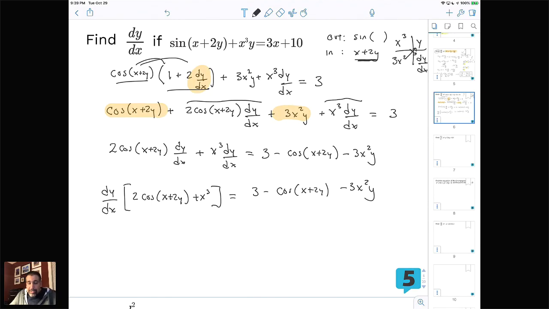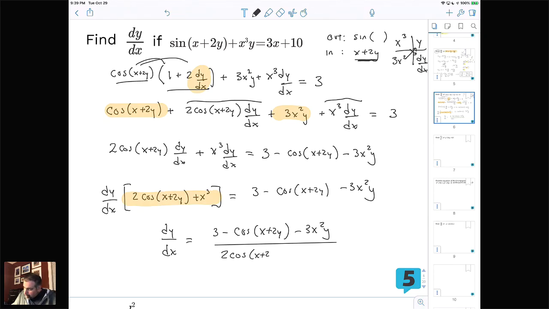The job here, the directions again, find dy over dx, get dy over dx by itself. So all we've got to do is divide by this factor right here. And when we do that, we're going to end up with dy over dx equals 3 minus cosine x plus 2y minus 3x squared y all over the factor we're dividing by, 2 cosine x plus 2y plus x cubed.